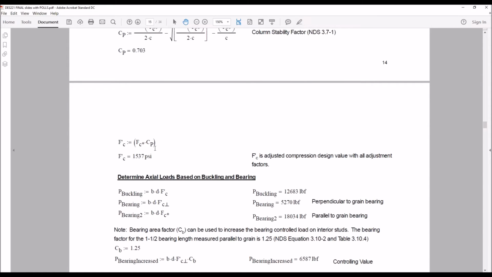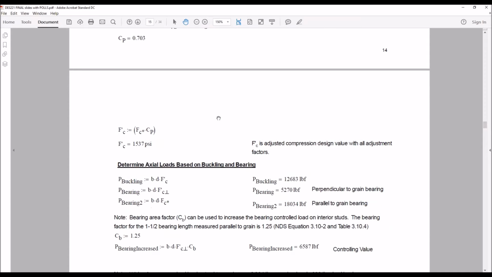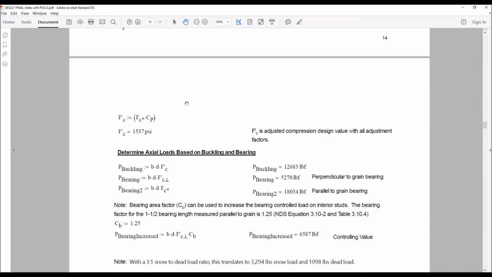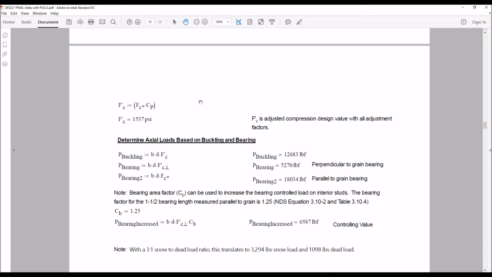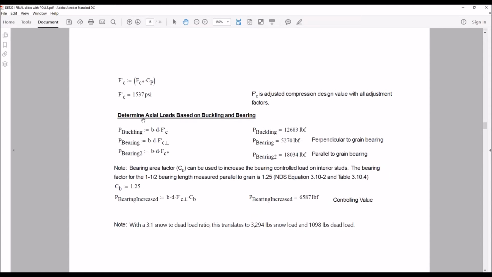Again, we can simply multiply that C sub P by our F sub C star because that had all of our other adjustment factors in it, so no need to reinvent the wheel. And we can get our adjusted compression design value, our F sub C prime, of 1537 PSI.